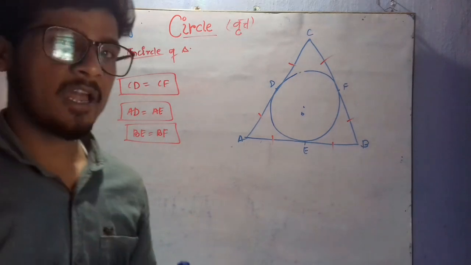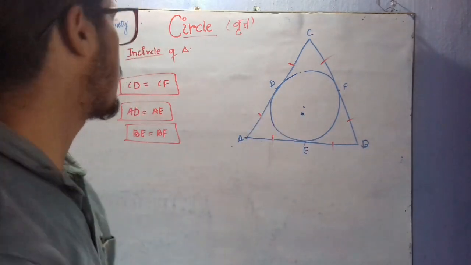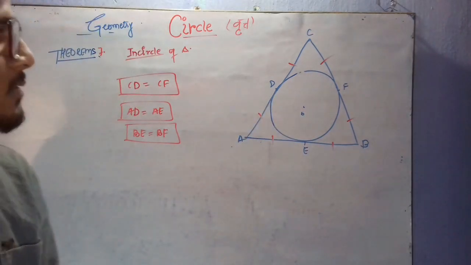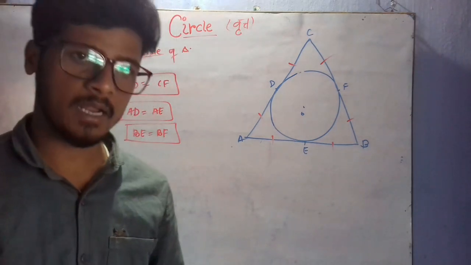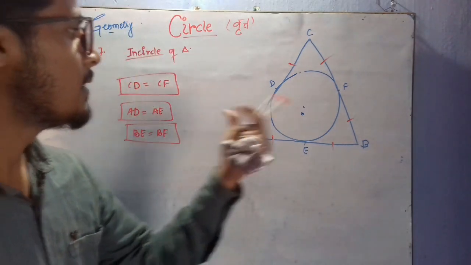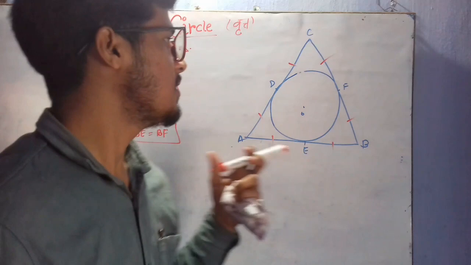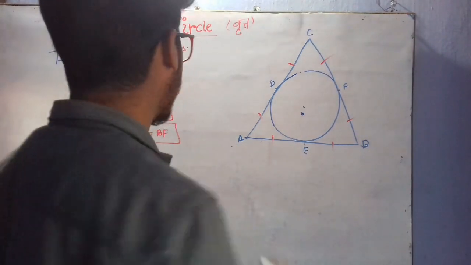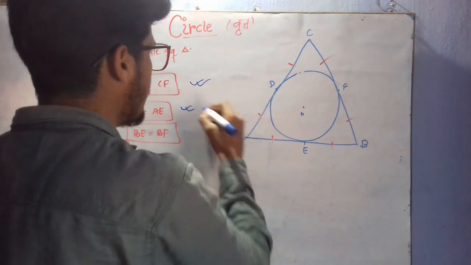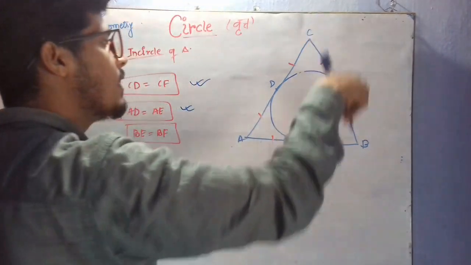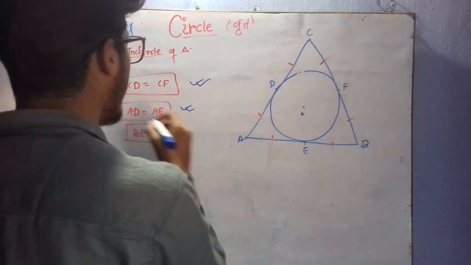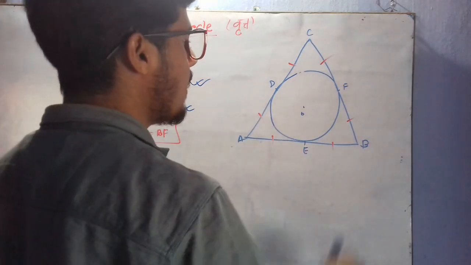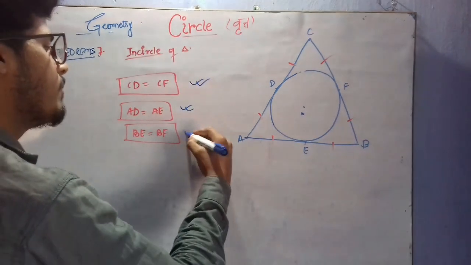I repeat that this is called the incircle of a triangle, that if a circle touches the side of a triangle, then the circle formed in this manner is called incircle of a triangle. So from this theorem we will get this equation, that DC will equal to CF, AD will equal to AE, and BE will equal to BF.